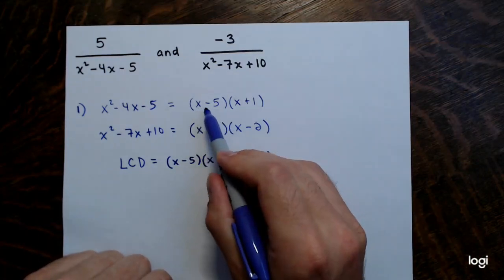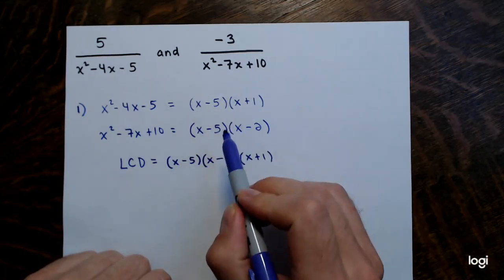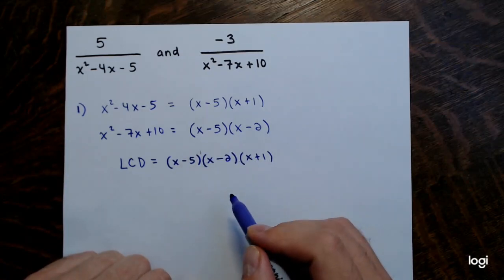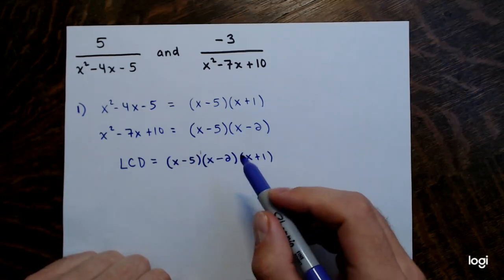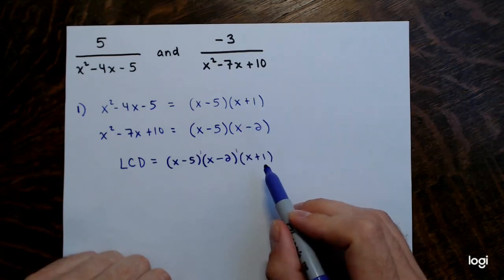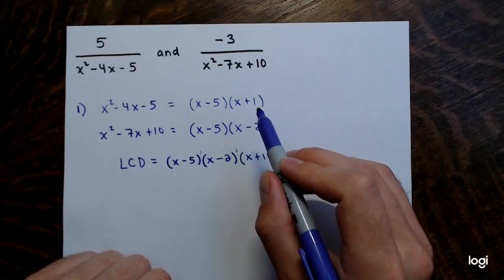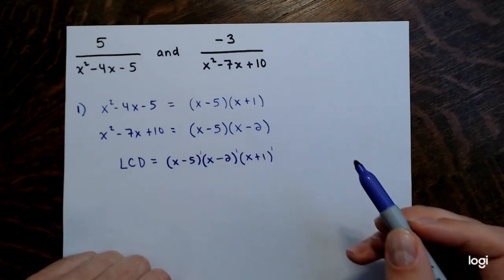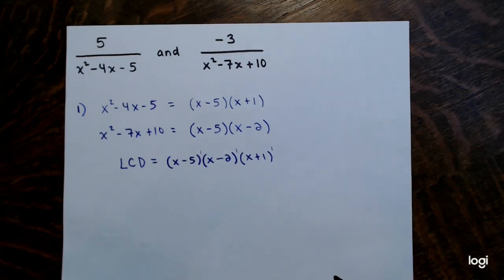X minus 5 shows up once and once. X minus 2 shows up once here, 0 times there, the largest is 1. And x plus 1 shows up once up here, and 0 times down here, the largest is 1. And you don't really need to write the power of 1, since raising something to the first power doesn't change any values.